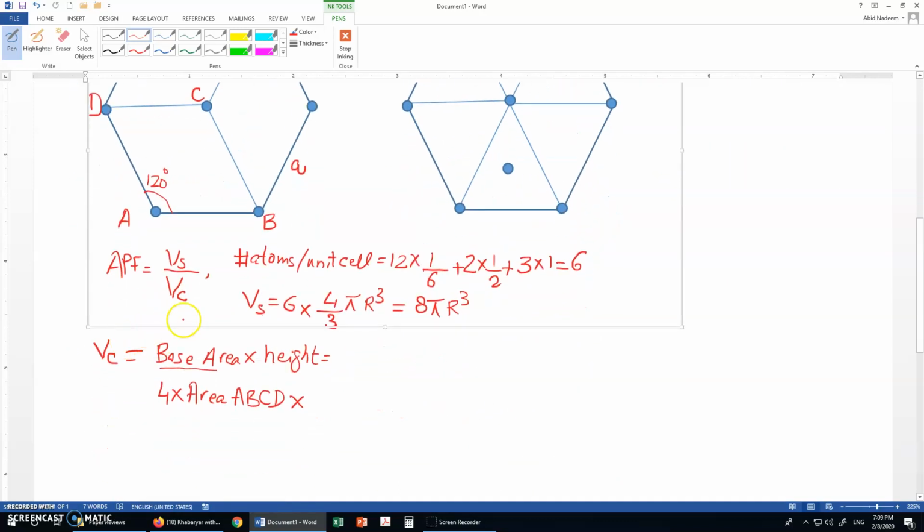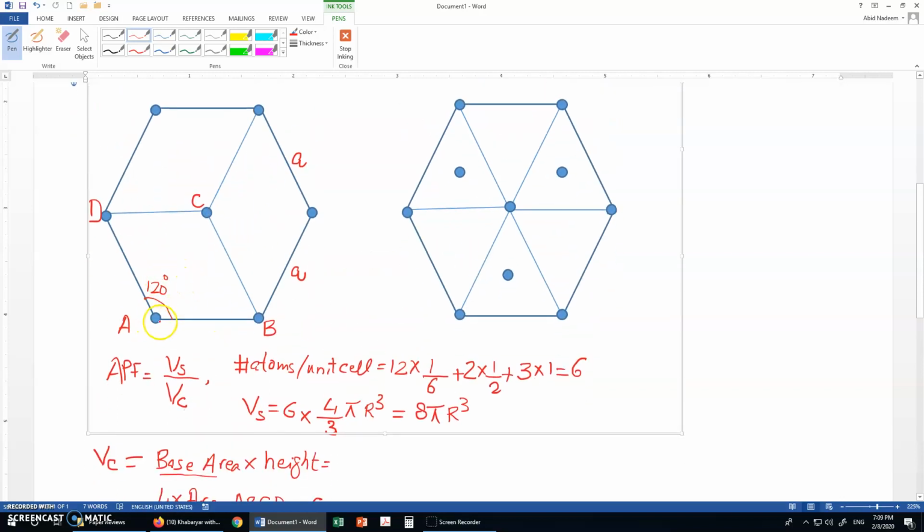We don't know what the height is, but later on we will determine it. So what is the area ABCD? We need this volume in terms of the radius, as we have determined the other volume in terms of the radius. So, focusing on this parallelogram ABCD, we know that for a parallelogram the area is equal to the base times the height. So what is the height?